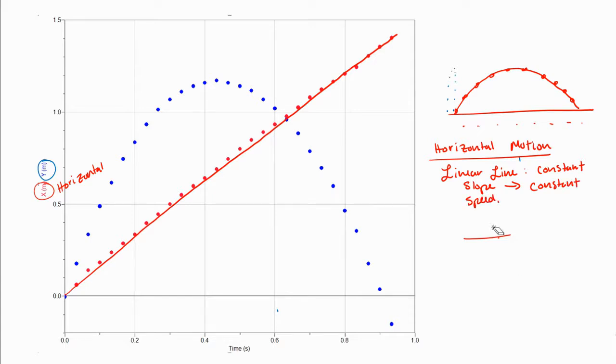And why is this? Why is the speed constant? Well, there's nothing to speed it up or slow it down.